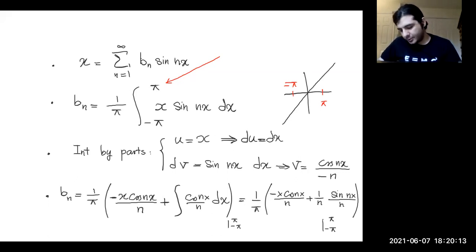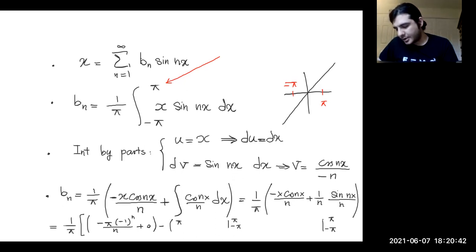So this would be equal to 1 over pi. If we plug in pi, substitute x with pi, we would get minus pi cosine of n pi, which is equal to minus 1 to the n over n, plus 1 over n times 0, since sine of n pi is 0, minus, and then we would get pi cosine of minus n pi, which is the same thing. Again, plus 0.